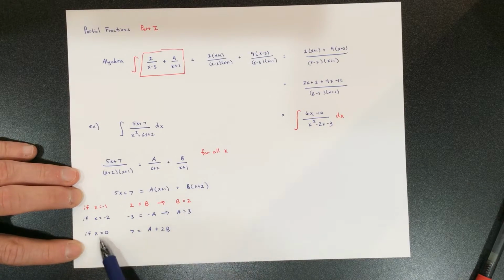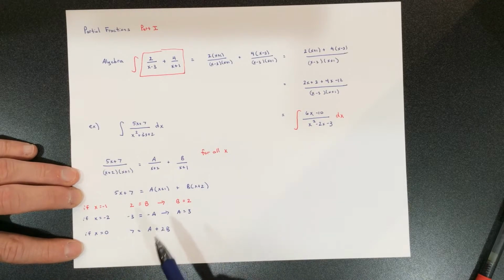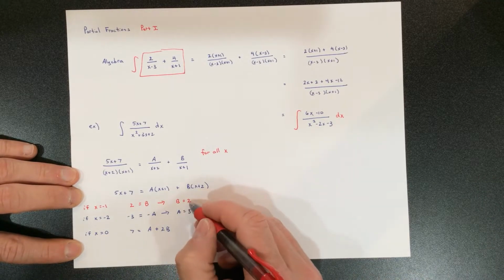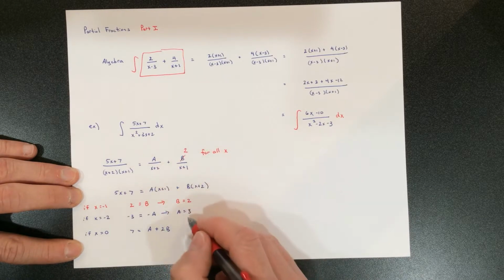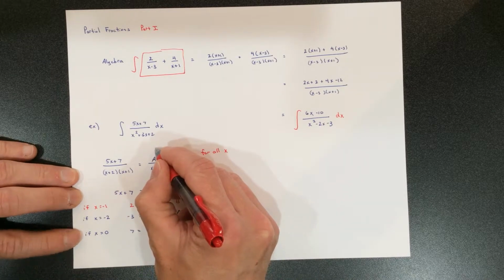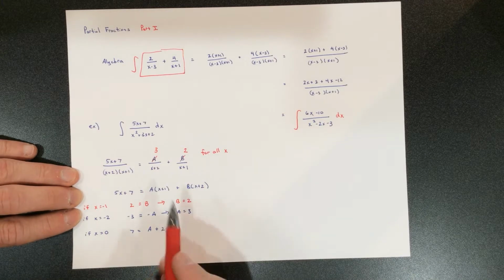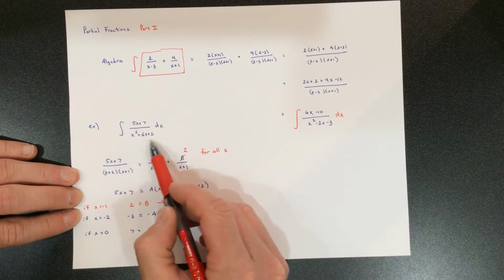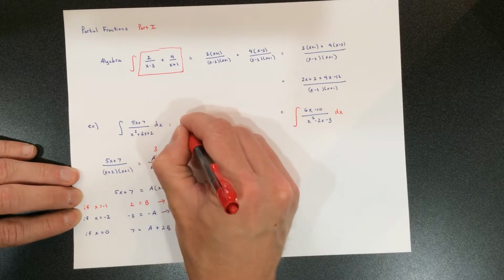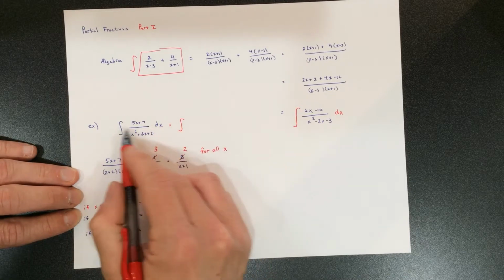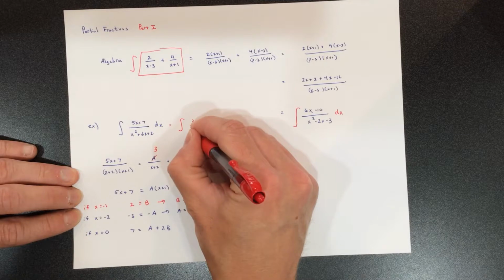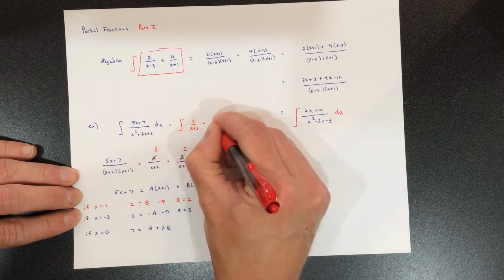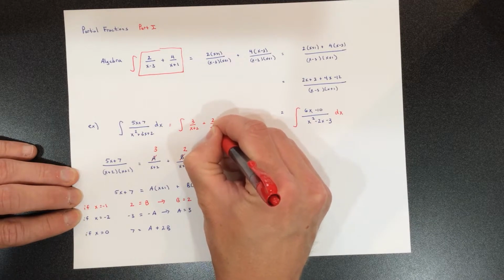These values work for every x value. But if I know b is 2, that means that's really a 2. And a is 3, that means a is a 3. And that means that this function can be rewritten. Instead of integrating this, I can integrate 3 over x plus 2 plus 2 over x plus 1.